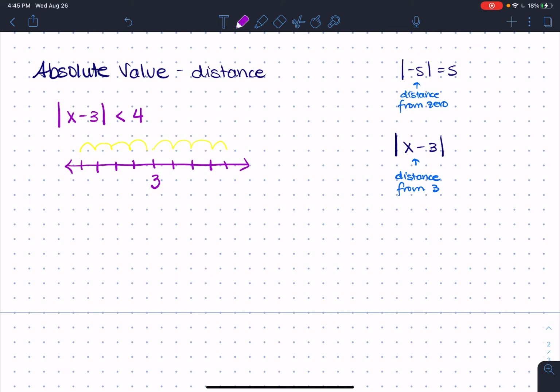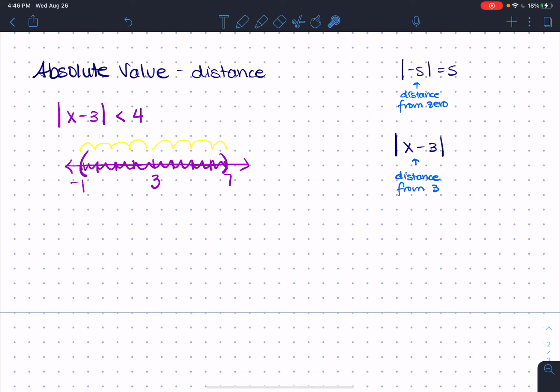So where did we wind up? Well, if we start at 3 and go 4, 5, 6, 7, so we're at 7. Or if we go backwards, 2, 1, 0, -1. So all these numbers in between, and we don't have an equal to, so I can't have a distance equal to 4. But every number in between here, the distance from 3 is less than 4.